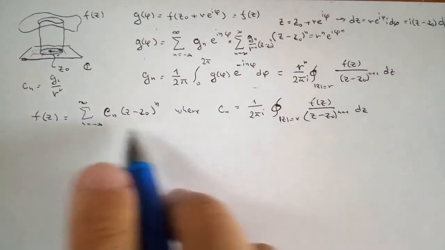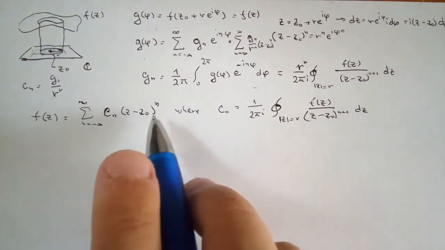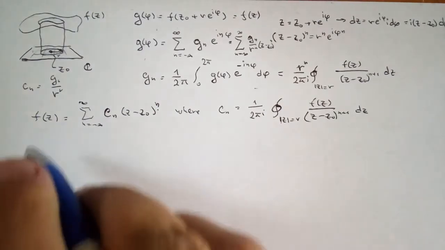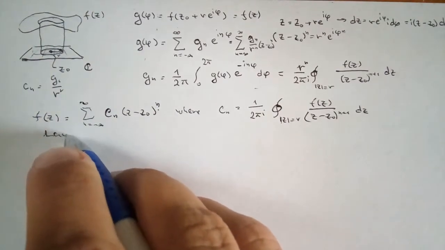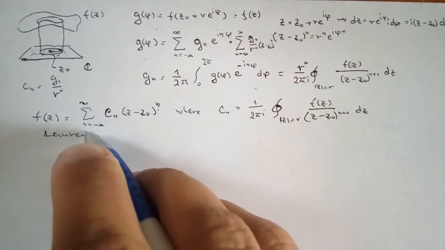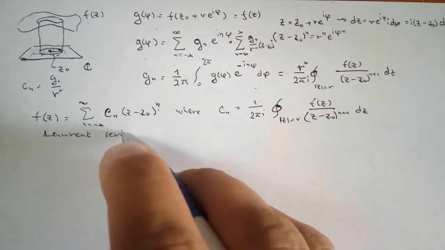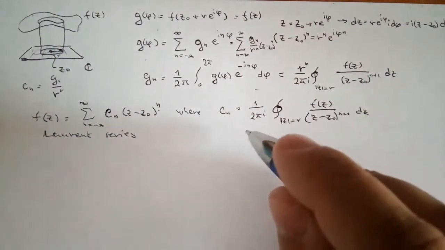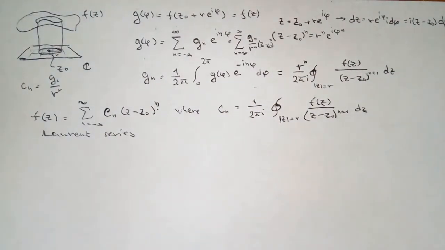So this series, which consists of also positive and negative powers, is called the Laurent series, and these are the coefficients of the Laurent series given by this particular formula.